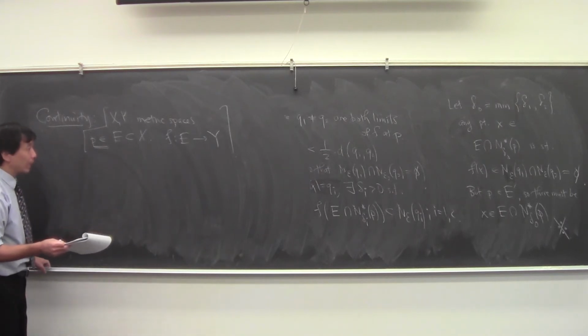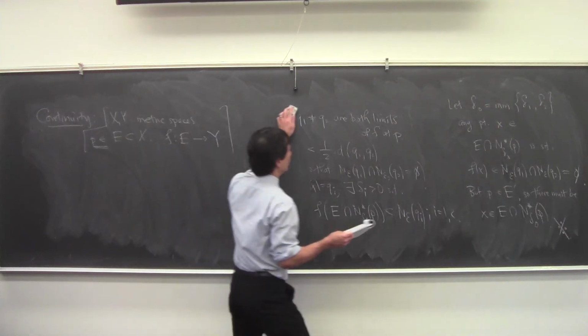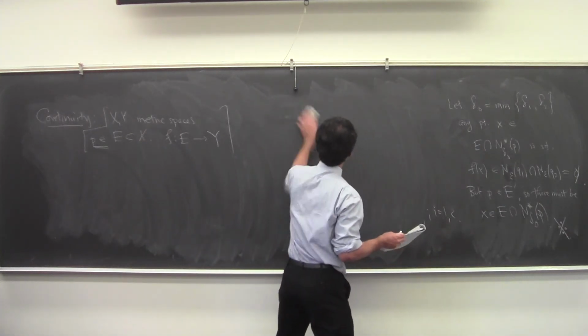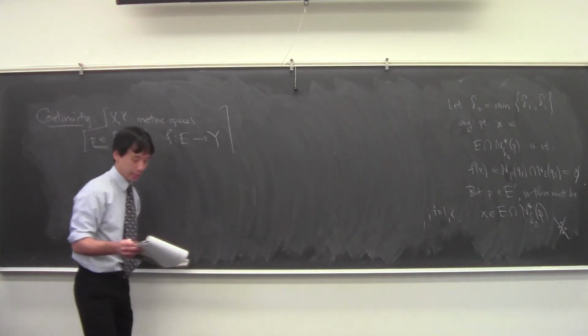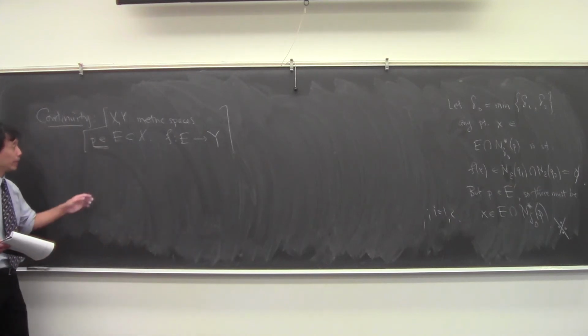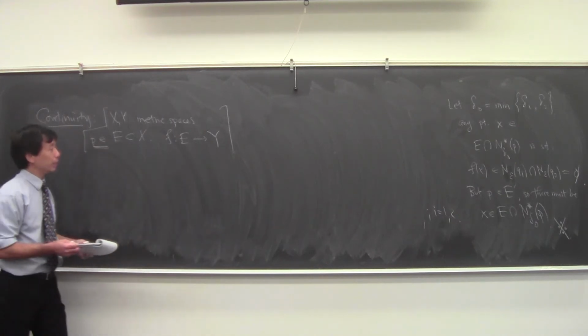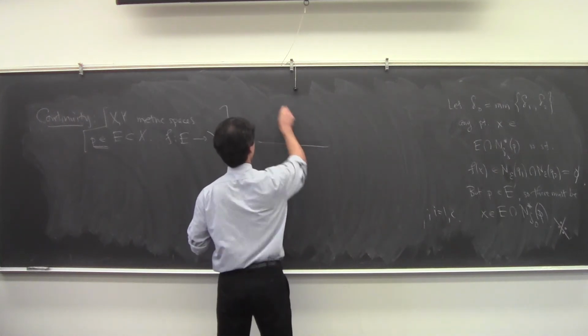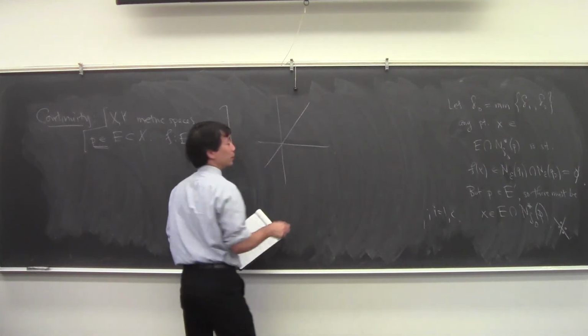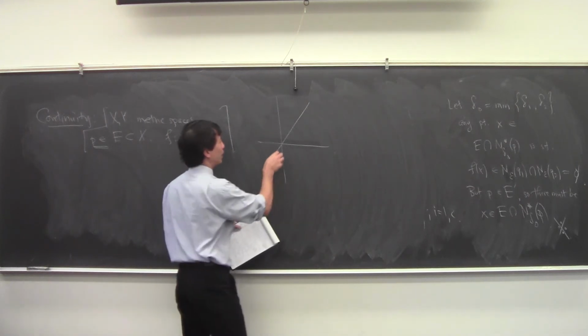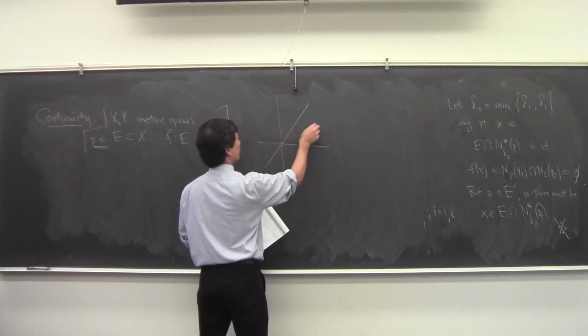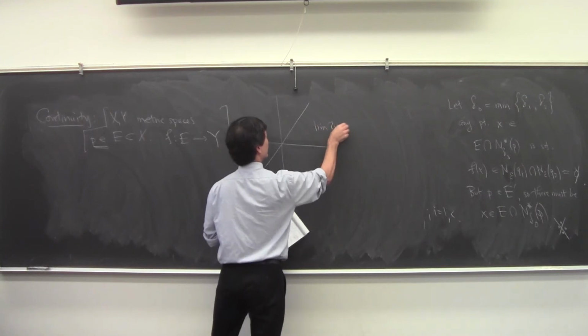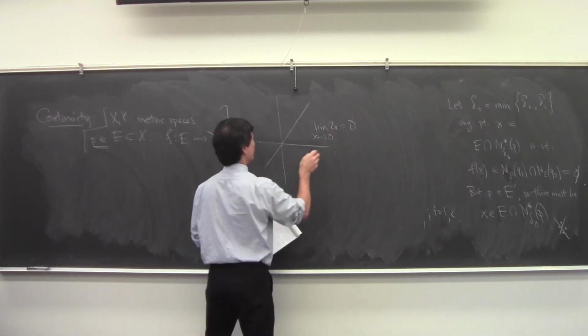The only difference between continuity and limit is that we get rid of the punctured condition. Think of your limit of 2x equals 0 as x goes to 0.